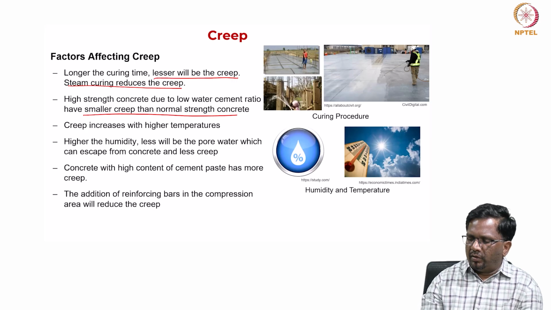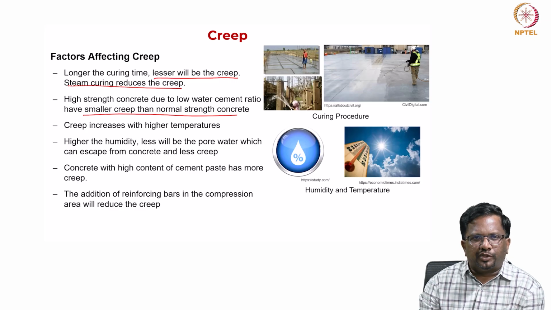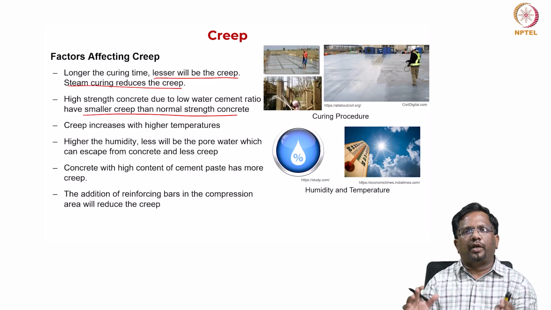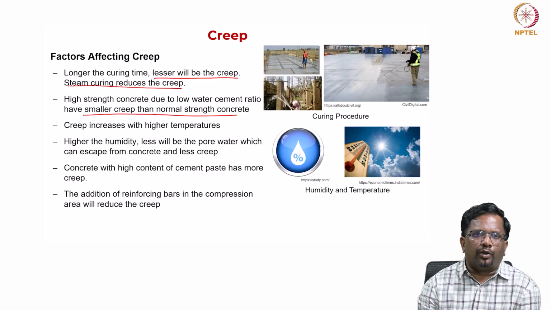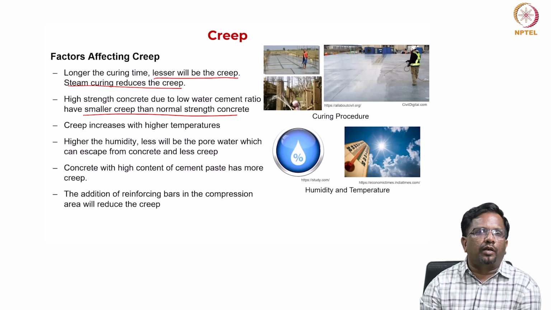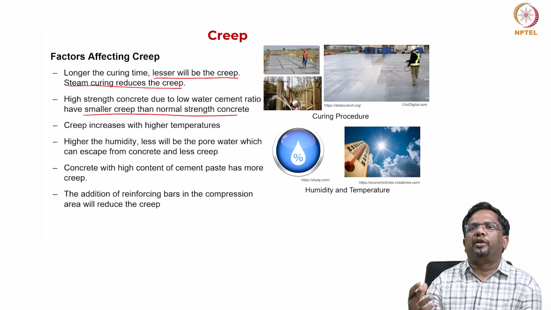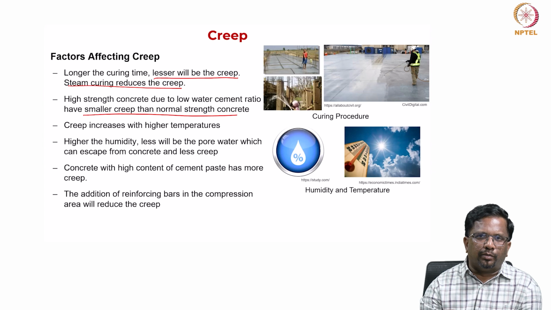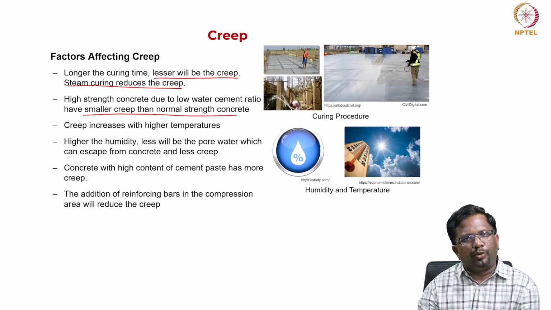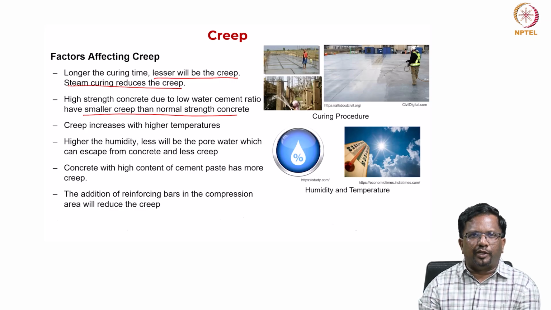Again, by adding more reinforcement on the compression side, it will not let the concrete undergo more strain. So, in that way it will greatly help in reducing shrinkage as well as creep. So, putting compression steel is a good idea not only from the strength point of view, but from the long term point of view, to tackle long term deflection and shrinkage. You can put some nominal reinforcement in the compression region, which will greatly help in reducing your creep strains.